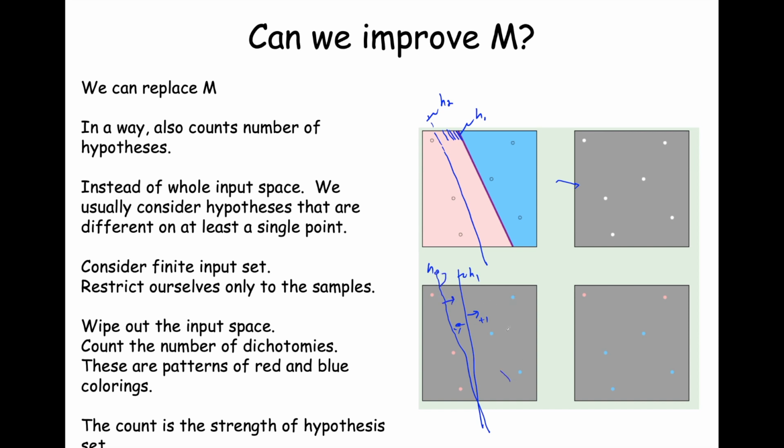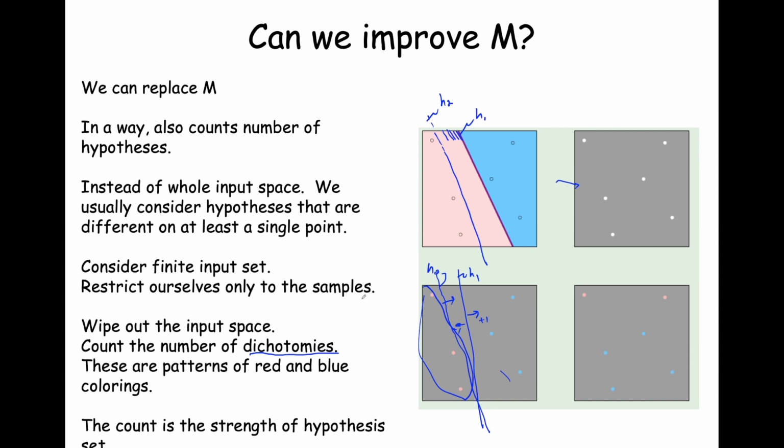Those three are blue, and these three are pink, the -1. And so in doing so, we wipe out the input space, and we just count the number of so-called dichotomies. And a dichotomy, I'll define in the next slide or two, is just a labeling, an assignment of +1, -1 labels to our in-sample points.